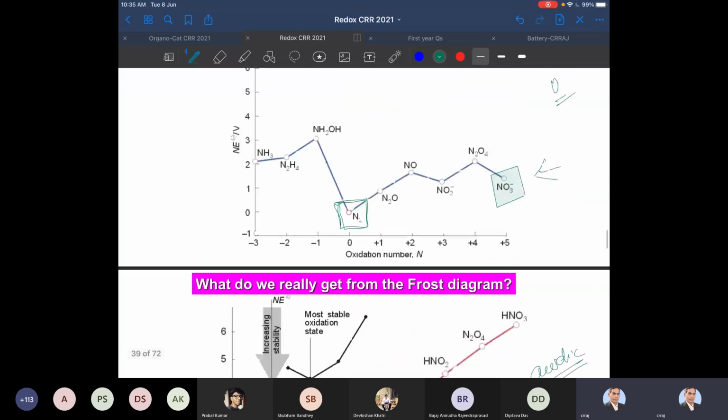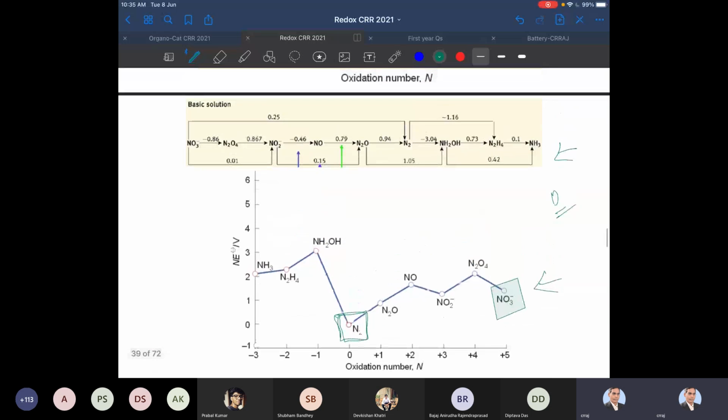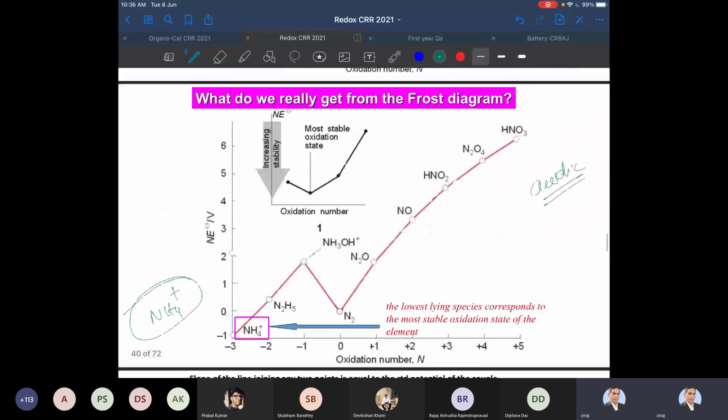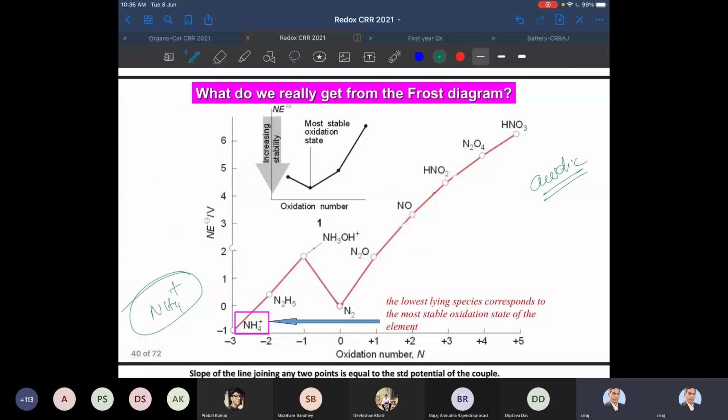Now, if I go here to the alkaline pH, the basic solution, that is not the case. Who is the stable species? N2, sir. N2 is the stable species. I hope you are getting it. The lowest lying species corresponds to the most stable oxidation state of the element.